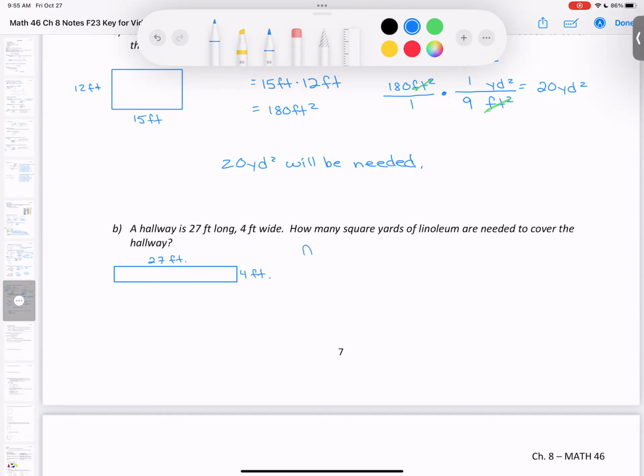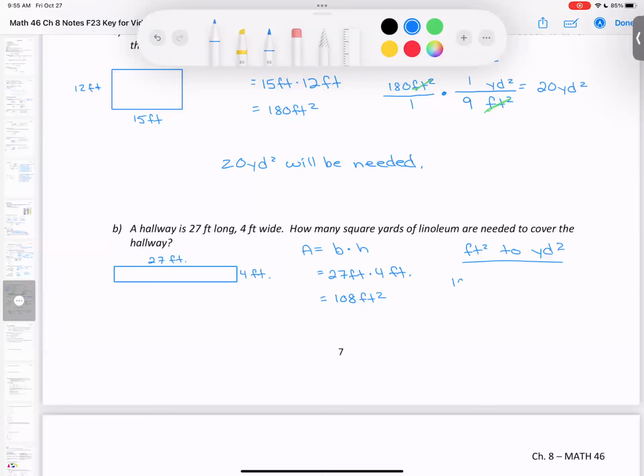So our area is going to be length times width, or base times height, which here is 27 feet by 4 feet. So 27 times 4 gives you 108. And it's area, so it's feet squared. Now we're going to convert those square feet to square yards.